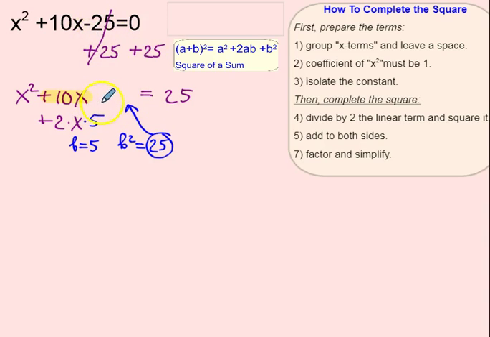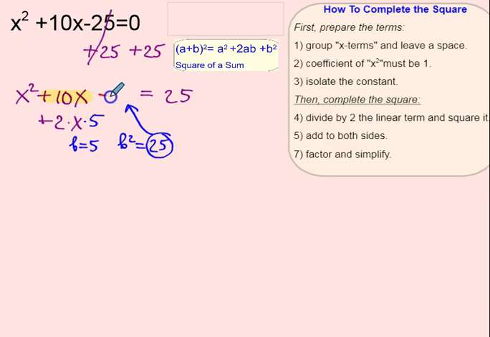I would need a positive 25 because it would mean the value of b would have to be 5, which I have discovered through the middle term where x is to the first power. So, to gain positive 25 in the third position, I would need to add it. But to keep my equation balanced, I would have to do it to both sides simultaneously.